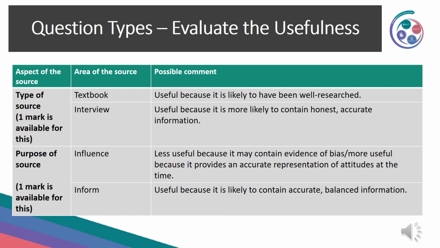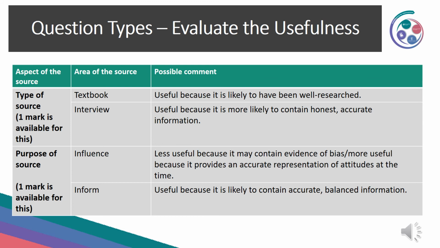However, on the other hand, it could be argued that this is also more useful because it provides an accurate representation of attitudes at the time. Your comment will obviously vary depending on the source, which is why it's important to make sure that you're reading the question and the sources very carefully before beginning your answer.